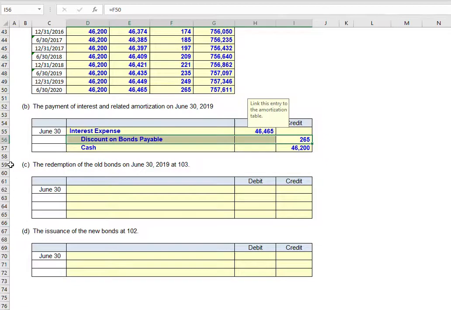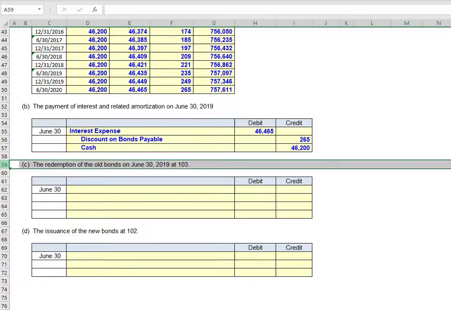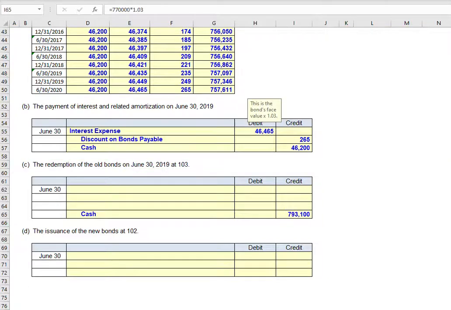We were told that the bonds were retired or redeemed on June 30th at a price of $103. We will record a credit to cash in the amount of $793,100. This is the $770,000 face value times 1.03 or 103%.